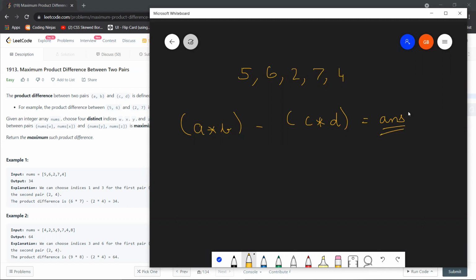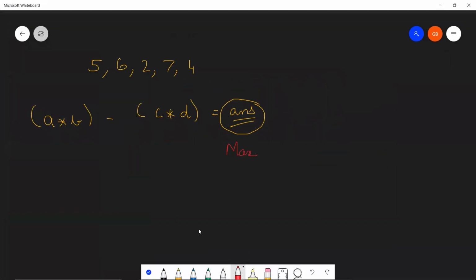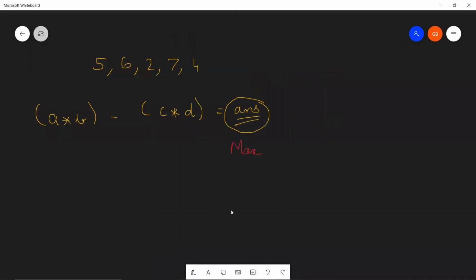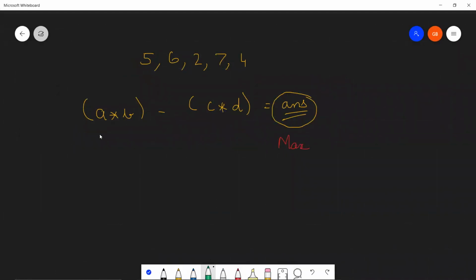So to keep the answer maximized, we need to make sure that C into D is minimum possible and A into B is max possible. Because if A into B is max and C into D is minimum, then their difference would definitely give us max value, right?